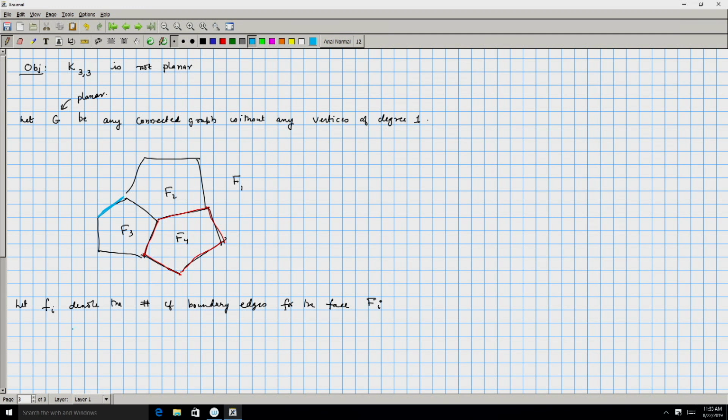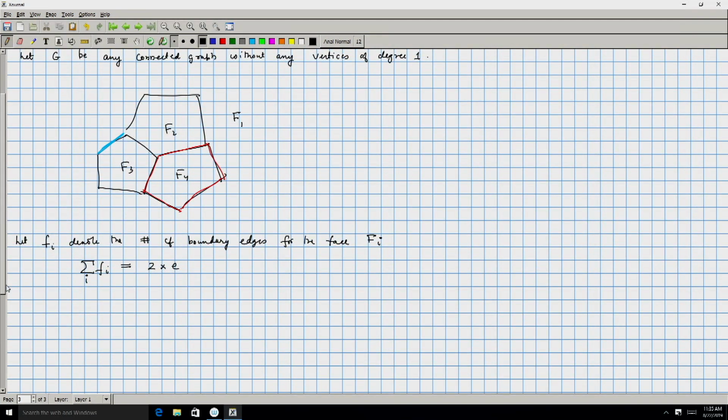And therefore, we can conclude that summation fi over all the faces is going to be equal to twice the number of edges, because each boundary edge is being counted twice, once for each of the faces that it belongs to. So, now if we take a simple connected graph, we can argue that every face will have at least 3 boundary edges.